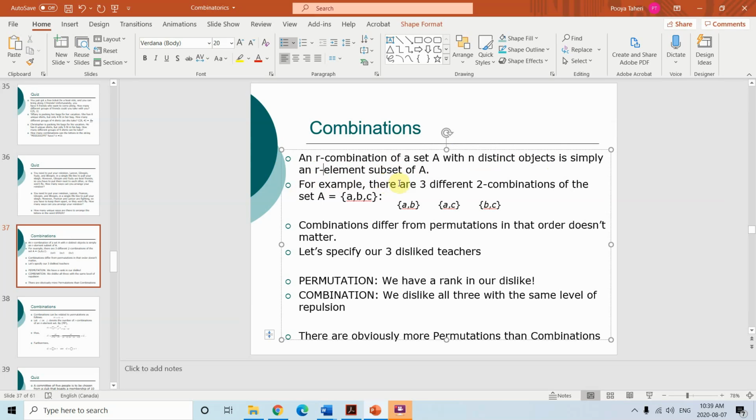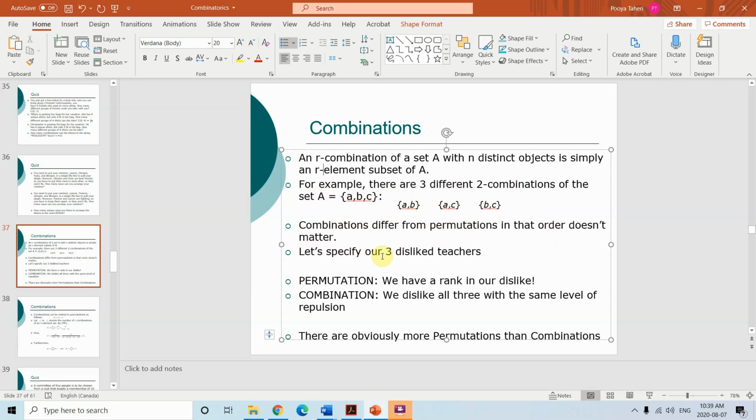For example, if we have three different objects A, B, C, and we want to choose two of them, the two combinations of the set A can be either A, B, or A, C, or B, C. That's it, right? We don't care about the order in these subsets. Combinations differ from permutations in that order doesn't matter.